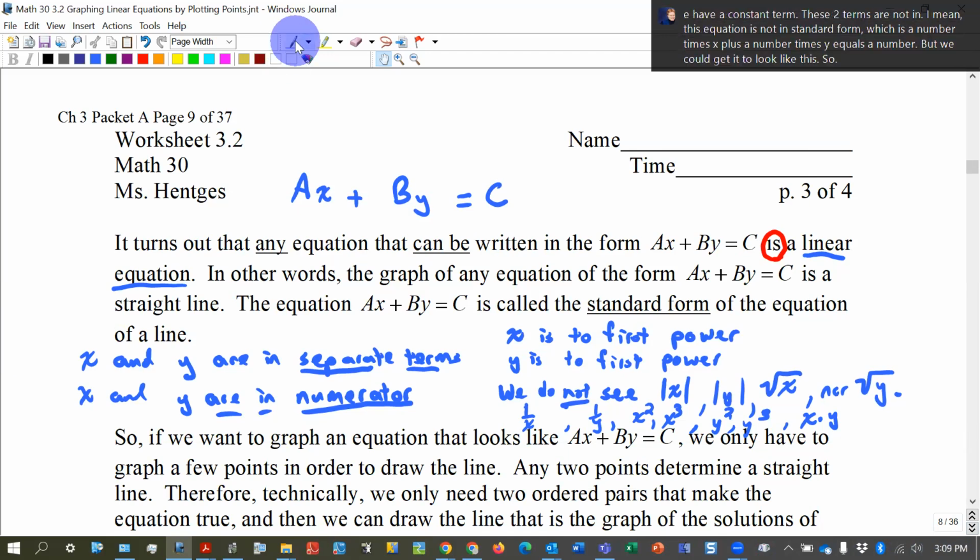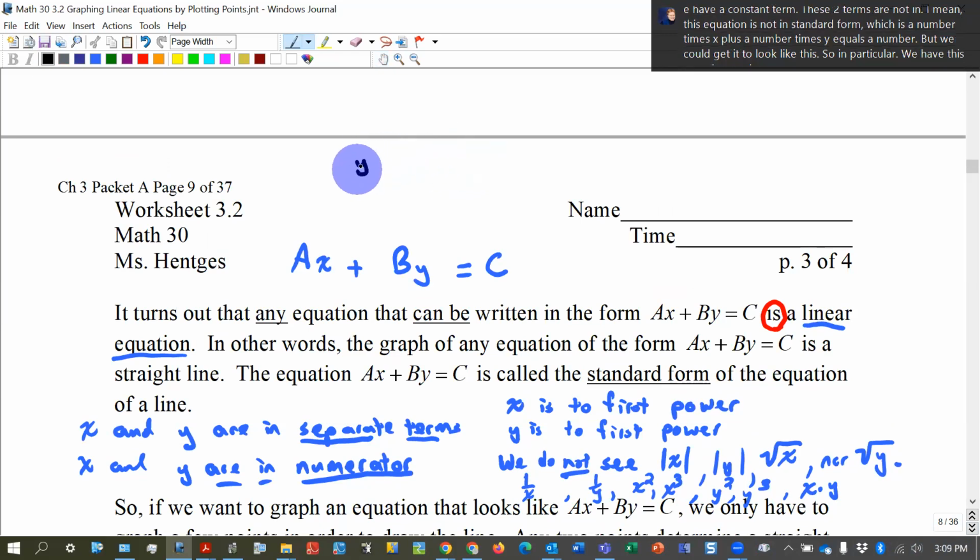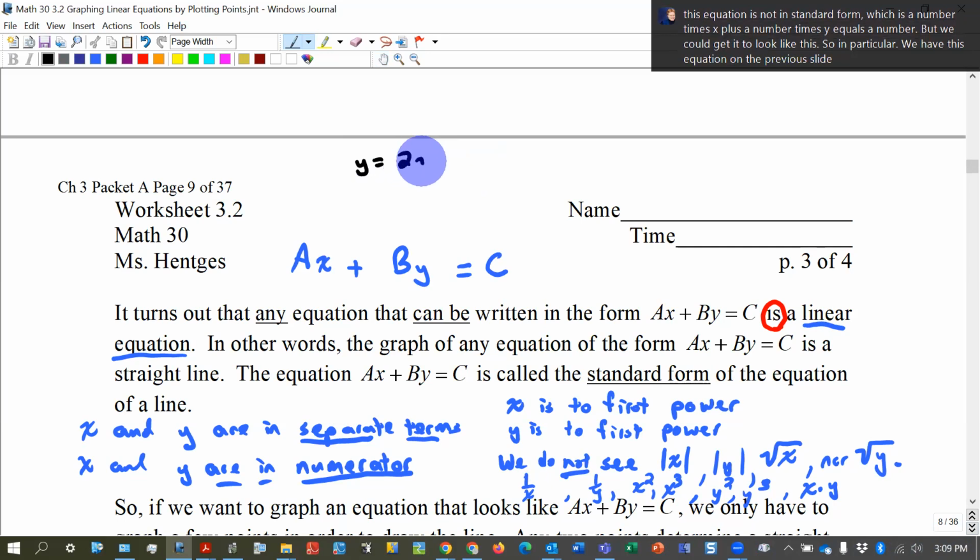So in particular, we had this equation on the previous example. Notice that we could add 3 to both sides.